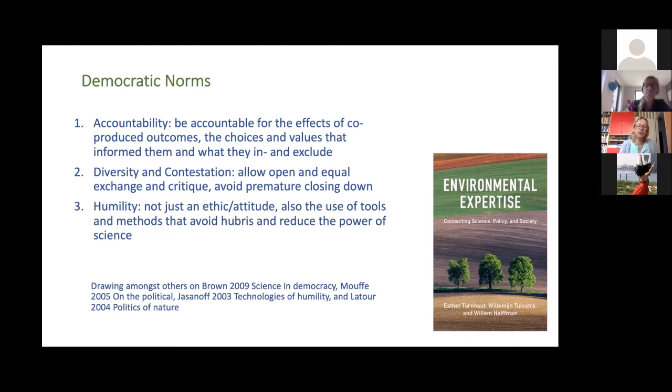And also important is, and this is where the methodological guidance that I talked about earlier comes in as very useful, very important is an attitude or an ethic of humility, which can be fostered by using tools and methods that actively reduce, this would be my argument, the power of scientific and other forms of formalized expert knowledge.